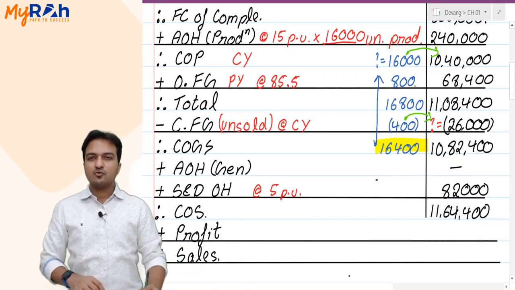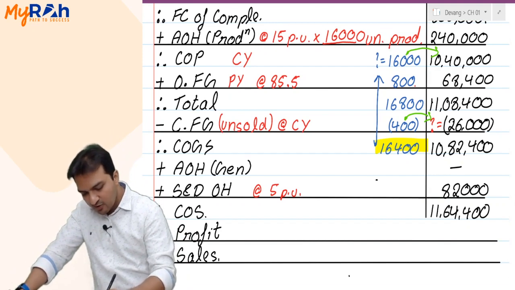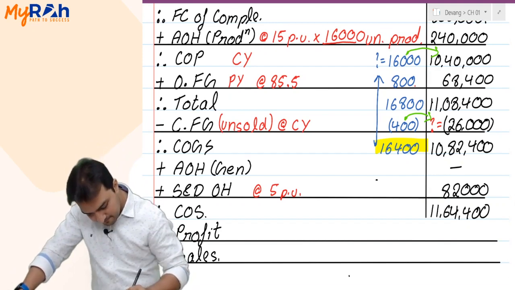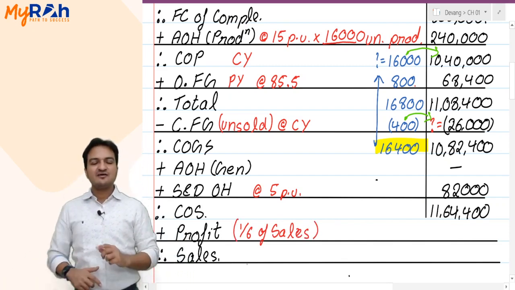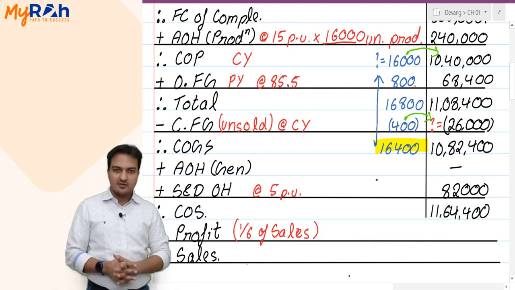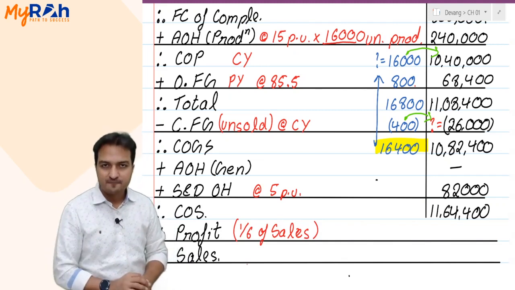Now the profit, the question says that the profit you want is 1/6 of sales. You might have learned calculations like 1/6 of sales means 1/5 of cost.